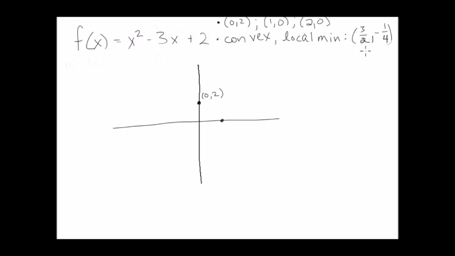Notice that my next x point that I care about, just moving along the line, is this local min. So when I label this, I'm just going to be careful and label it over off to the side like that. My other x-intercept, I'm going to label off to the side like that. And my minimum point, 3/2, negative 1/4, is labeled there.